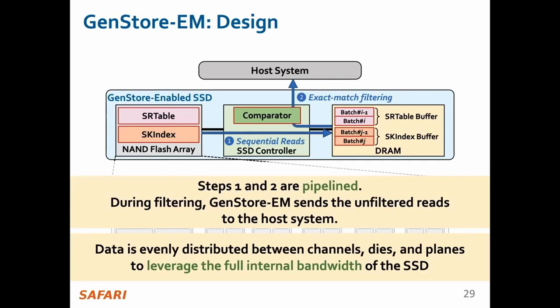So while inside the SSD we are working on the filtering, the read mapping can happen in parallel in the host system. And the reads that are filtered do not waste the external bandwidth of the SSD or the main memory bandwidth of the host system. So that would be the overall flow of GenStore EM.